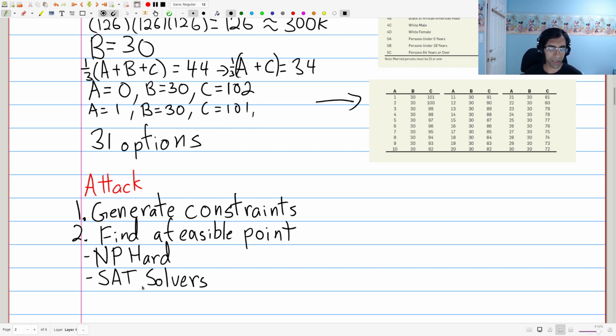But the thing is, in practice, it's actually a fairly easy problem. We have programs and competitions dedicated to solving these very, very efficiently, and it seems like in practice these are not too bad. And in particular, encoding these type of constraints as a SAT problem allows us to find the right answer fairly quickly. So that's one way of solving it.